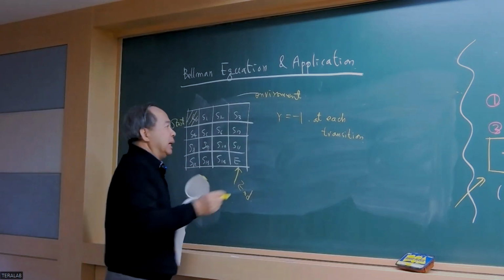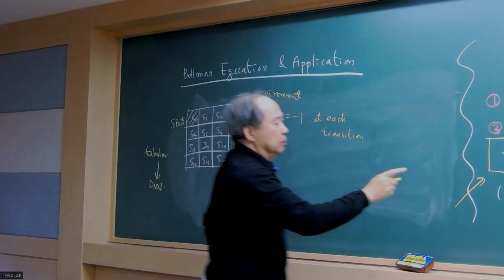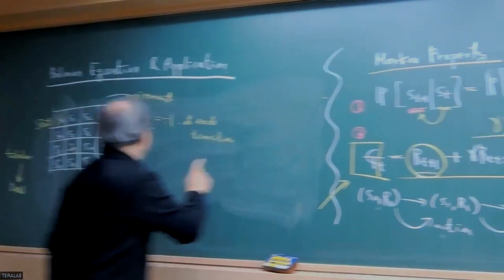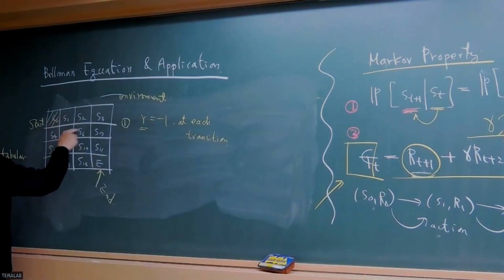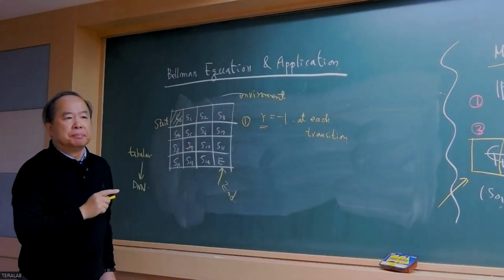In order to define that in the environment, we define the reward as -1. When we make a step transition from each step, we add -1.